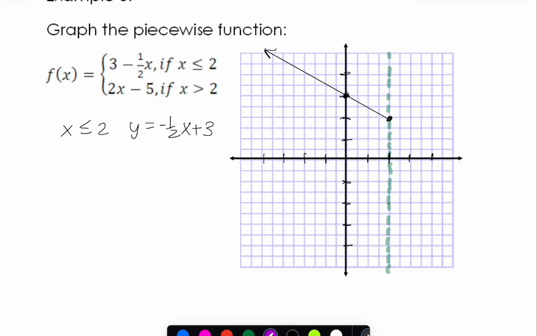Now, the other equation, when x is greater than 2, we're going to use the equation y equals 2x minus 5. Normally, and you still can, you can start at -5, go up 2 and over 1, up 2 and over 1, but that's going to give you a lot of points on the wrong side.